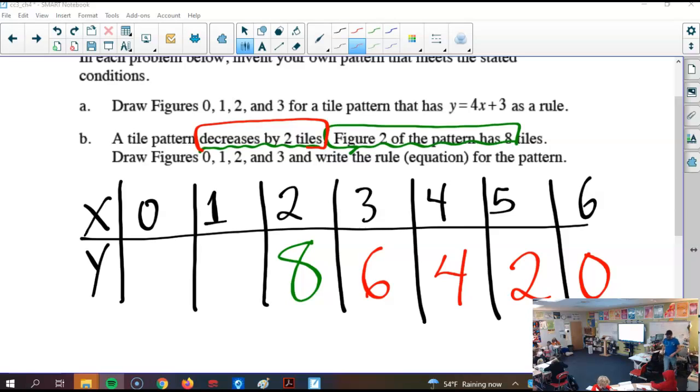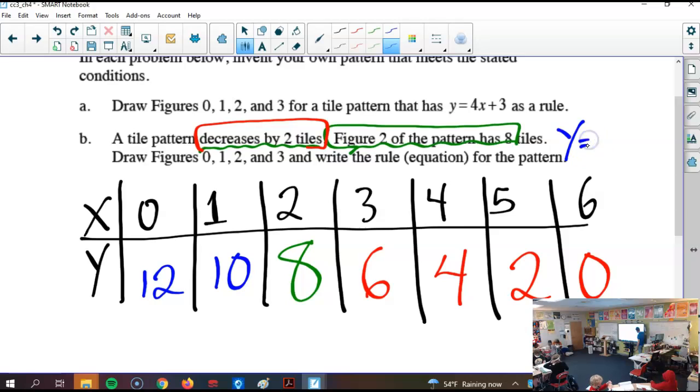So wait a minute. What's my Y-intercept here? 12. Because as we go backwards, we actually go up. So yeah, in B, we actually get y equals -2x plus 12.